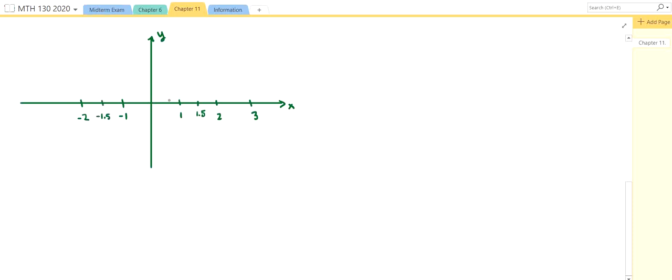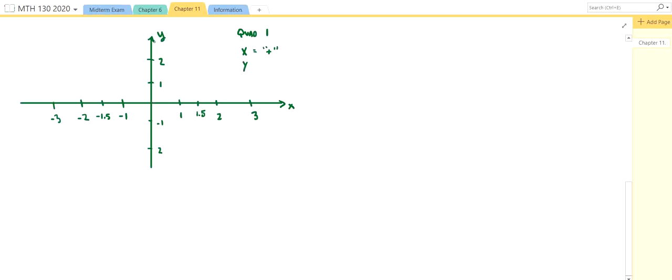Minus 1.5. And then the y-axis, the same thing. 1, 2. We could have minus 1 down here. Minus 2. So in our first quadrant, all the x values in this quadrant are going to be positive.